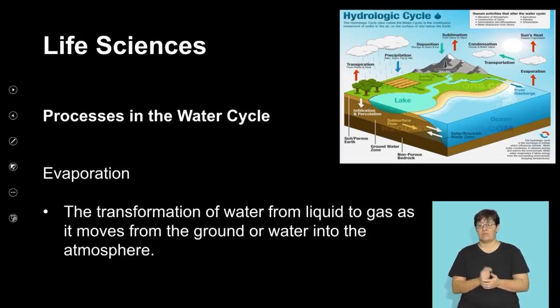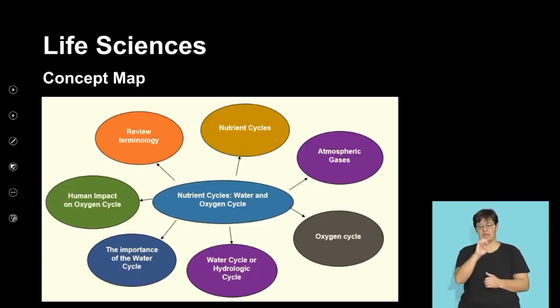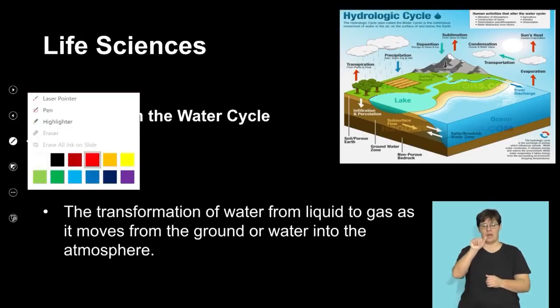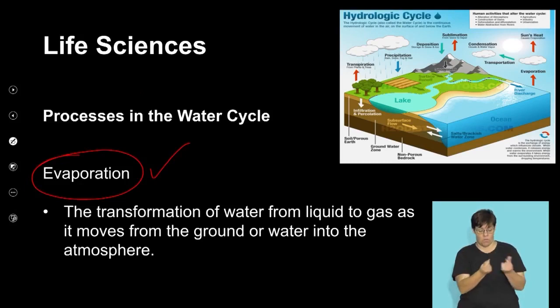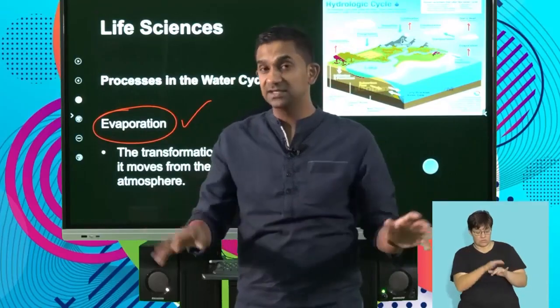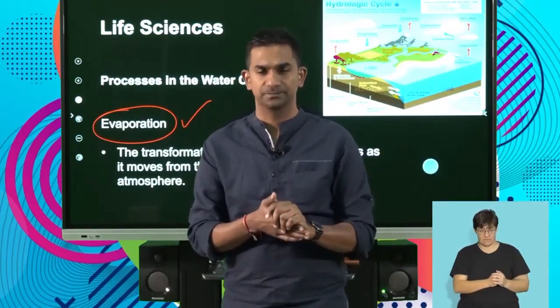So the first process we're going to look at is evaporation. It's important that we recognize that evaporation makes up a significant component of how water is lost from the surface of Earth. So guys, if we go back to looking at the concept of evaporation, most of the Earth's surface is covered with water.